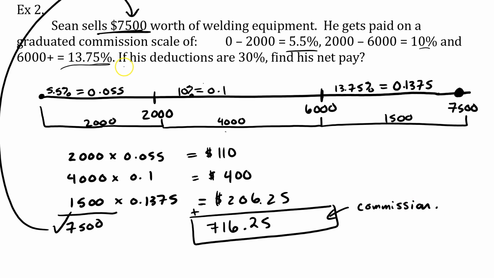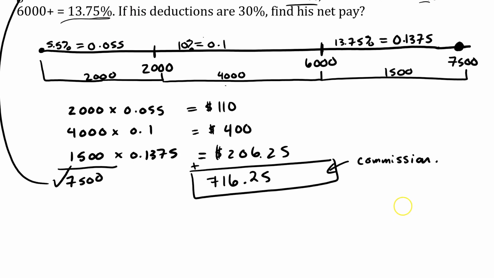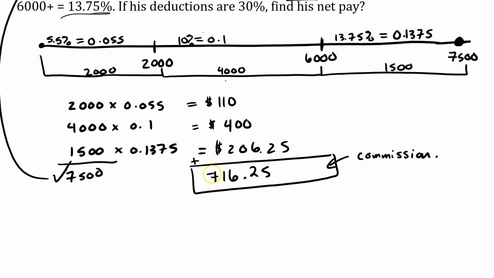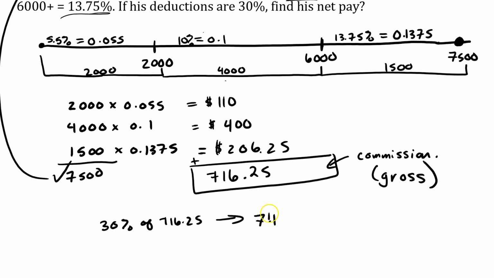But the last part of this question here is, if deductions are 30%, find his net pay. So this is his gross. So what the steps have us do is find out what 30% of 716.25 is. The way that we find this is 716.25 times 0.3, and we get 214.88.